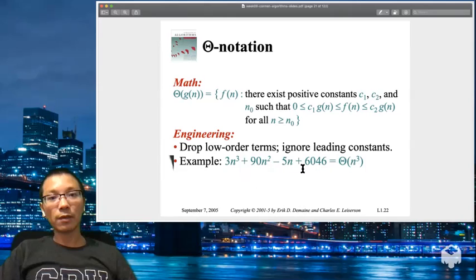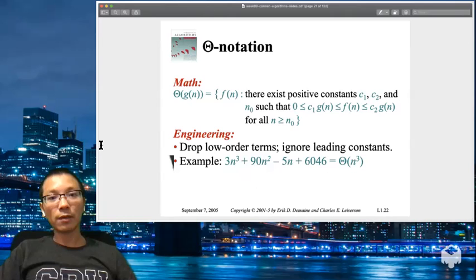Interpreting what this means: ignore the small n's. At some point, as n grows, the later part of this function, thinking of it rendered in an xy coordinate system, this function f of n, is bounded by g of n with a constant multiplier. That's really what this means.